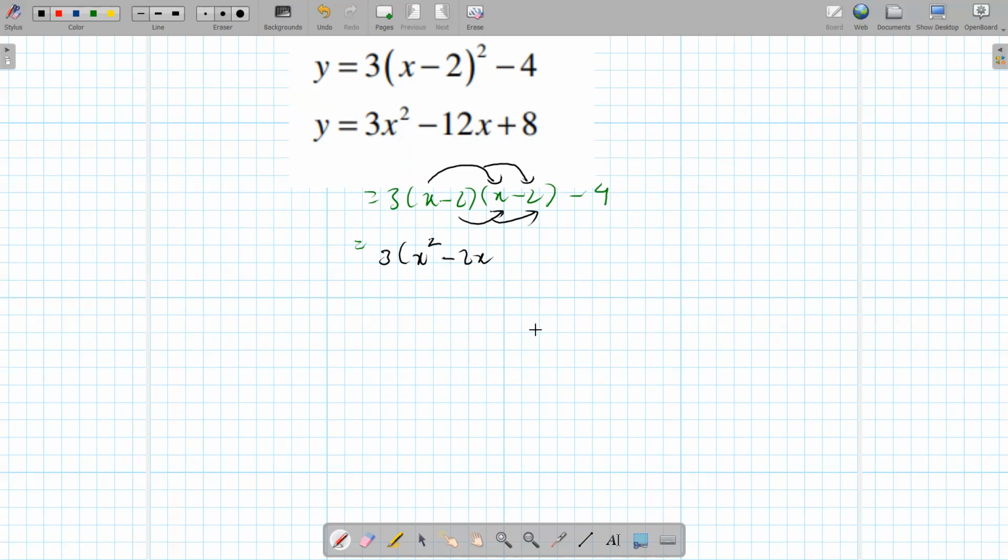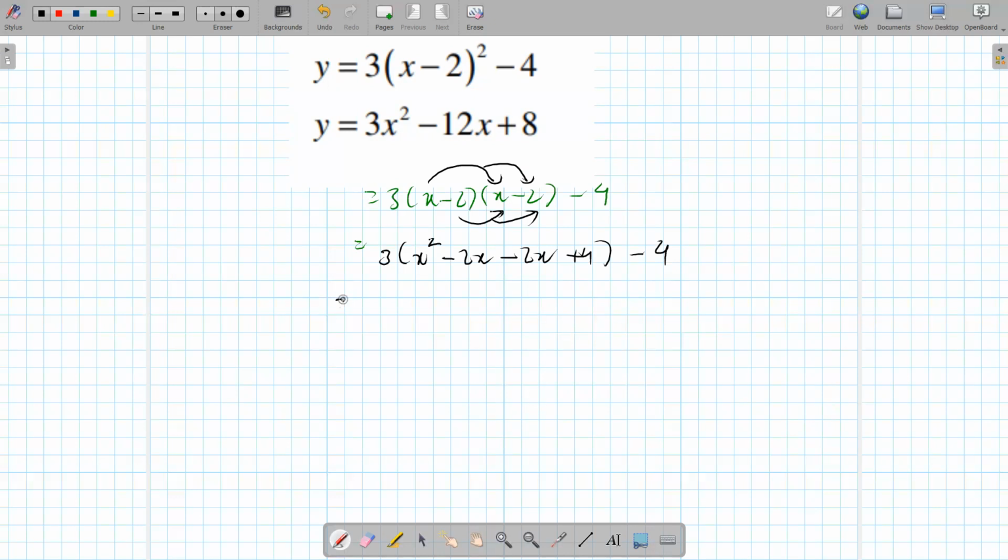There's 2 more terms. And then minus 2x, and then plus 2. So what's minus 2 times minus 2? It's not plus 2. Oh, plus 4. Yes. And then we have minus 4 on the outside.